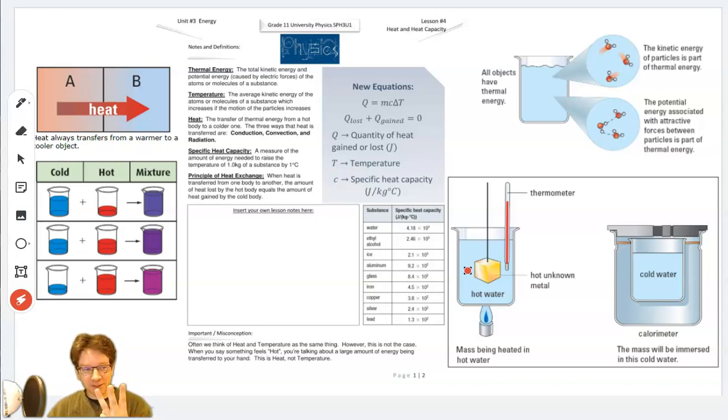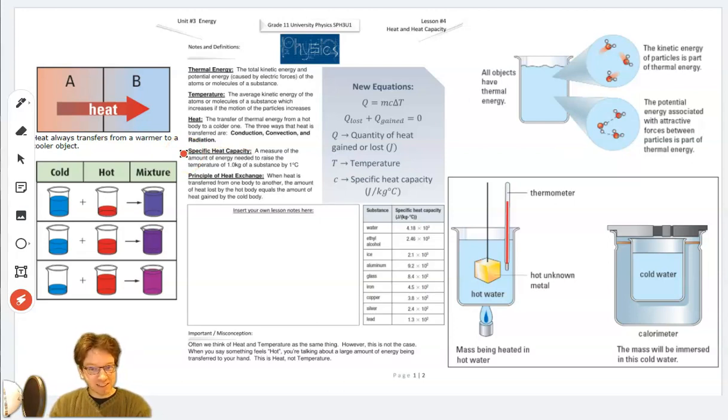So there's 3 things there I've mentioned. Mass, how much stuff you want to heat, the change in temperature, to what degree do you want to heat it to, and what the substance is. What is it you are actually trying to heat? Those three things will determine how much energy is required. Now the third one, the substance, we call this specific heat capacity. Every substance has a different specific heat capacity.